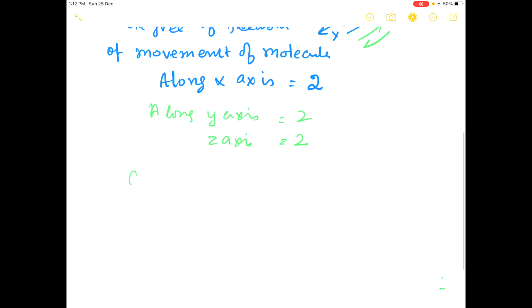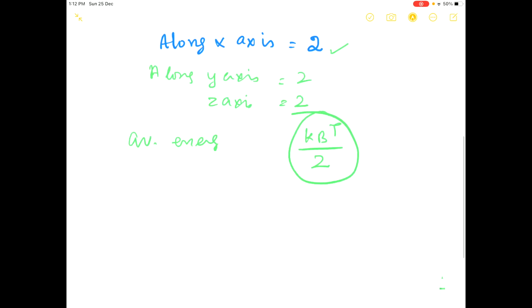So average energy along one axis is kBT divided by 2. And if there are three axes, then we can say that total energy is equal to 3 kBT by 2.